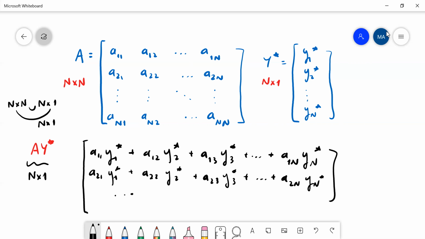So if you realize, the first row is the total intermediate demand for the first good, right? Right? So remember, Aij Yj, that was the thing that we look at, right? So if you look at these indices, right?